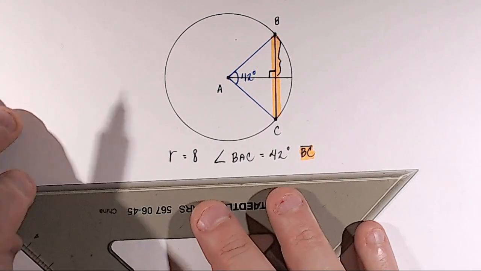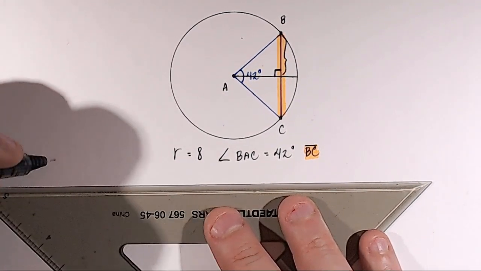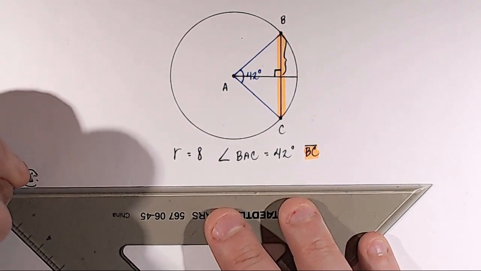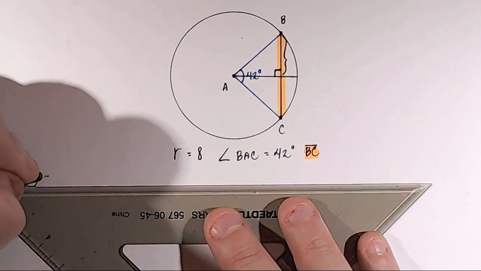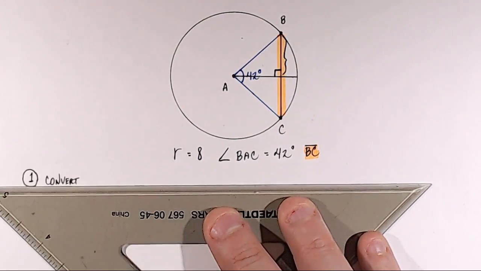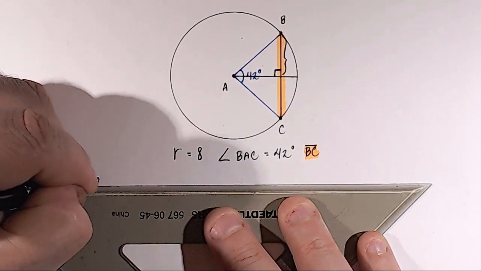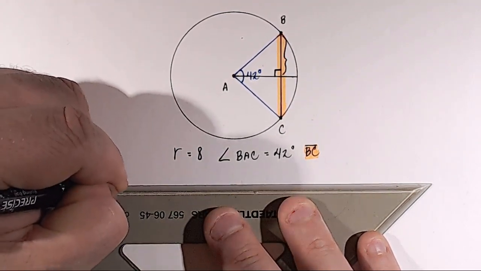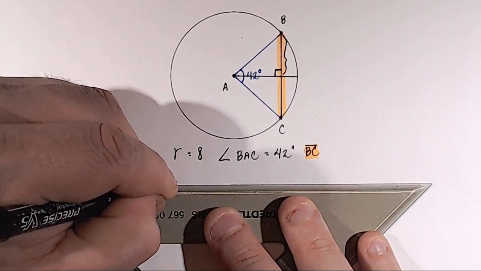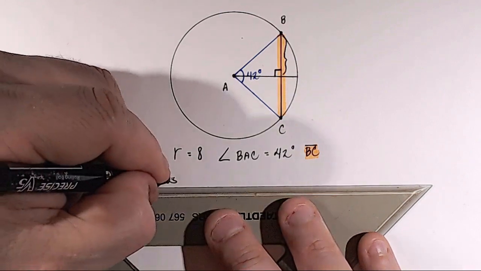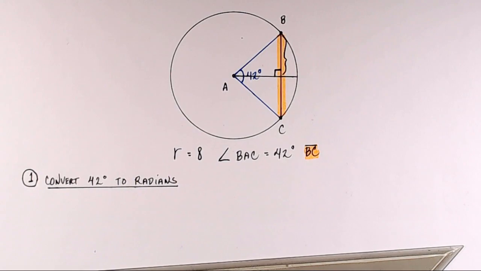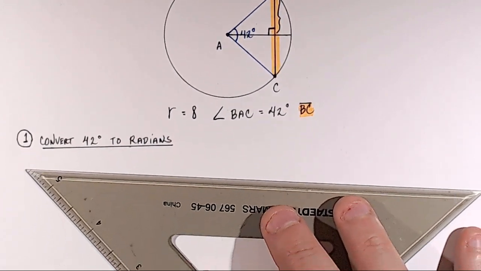So we'll start with step 1. Remember what step 1 was. We were going to convert 42 degrees to radians. Now, I'm really big on not remembering anything, or remembering the bare minimum.